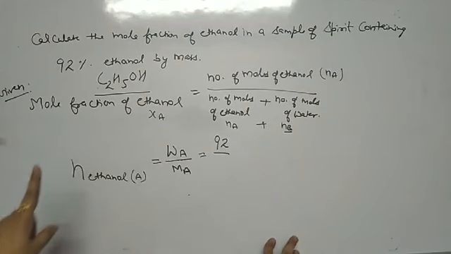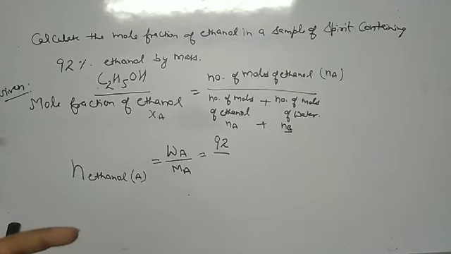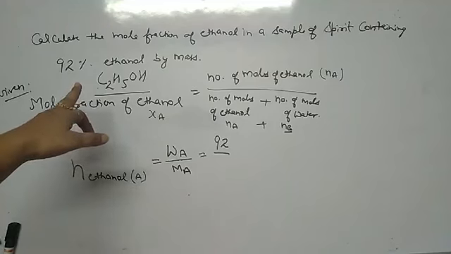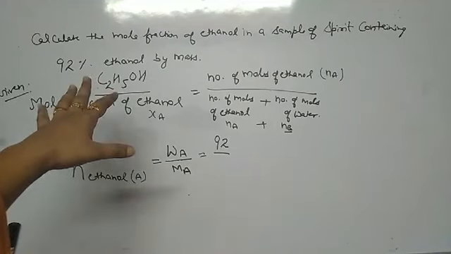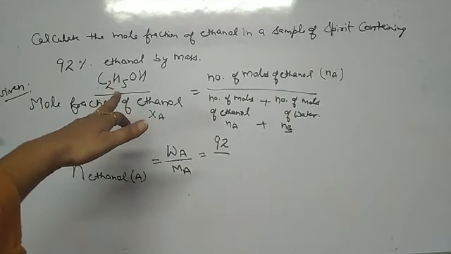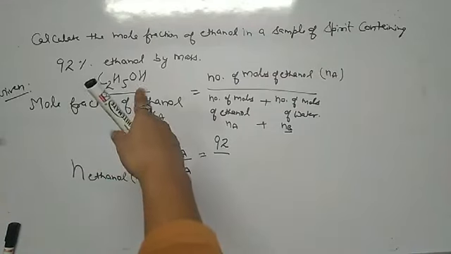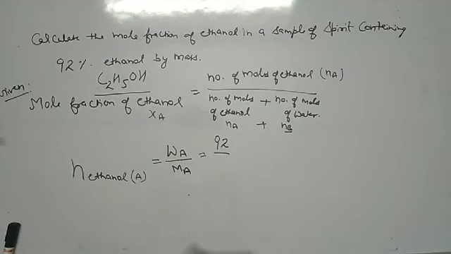You have to find out the molar mass of this component. Carbon has mass equal to 12, so 2 times 12 is 24, 5 hydrogen gives 29, then 16 for the oxygen gives 45, and the next hydrogen makes it 46. Is it clear?